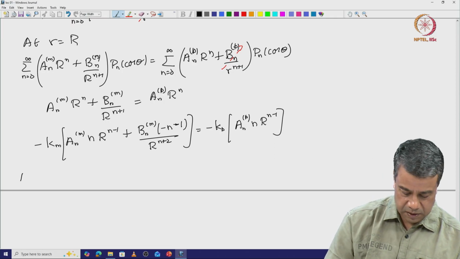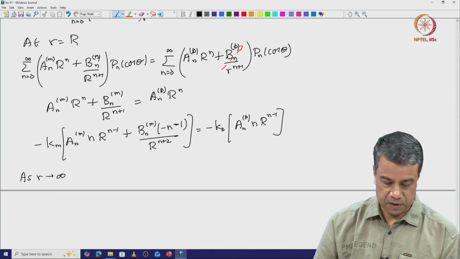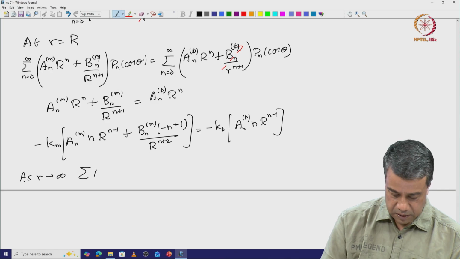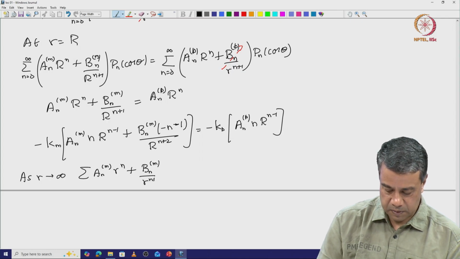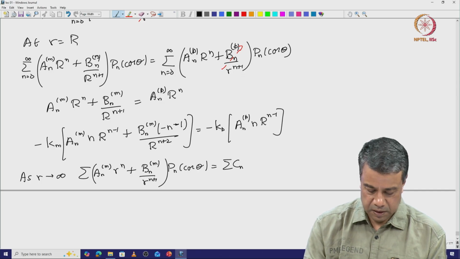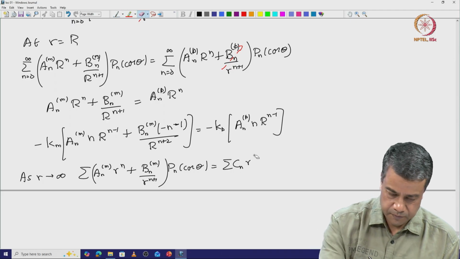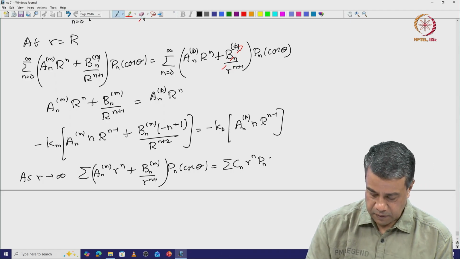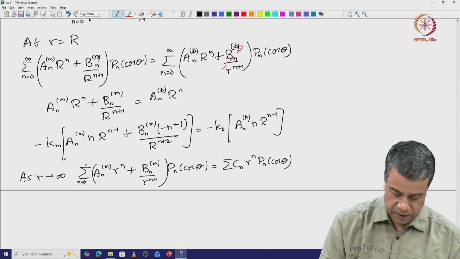There is a third condition here, as r goes to infinity. The matrix temperature, sigma of a n matrix r power n plus b n matrix by r power n plus 1, times P n of cos theta, is equal to sigma of c n r power n P n of cos theta, with n equal to 0 to infinity.